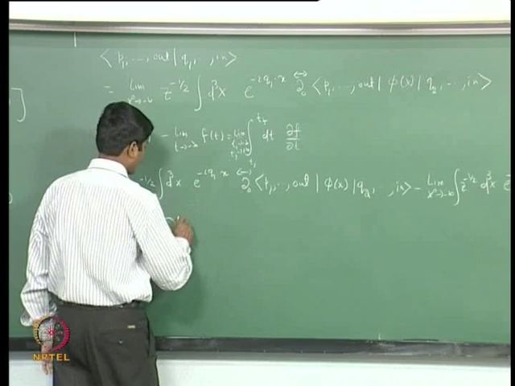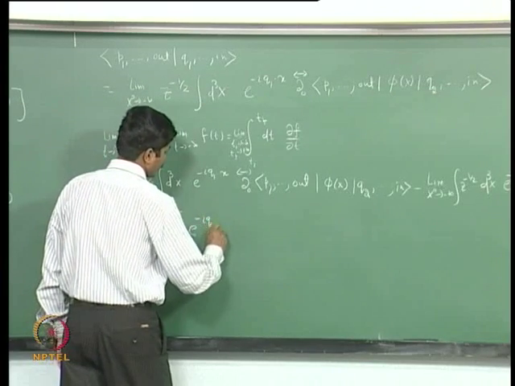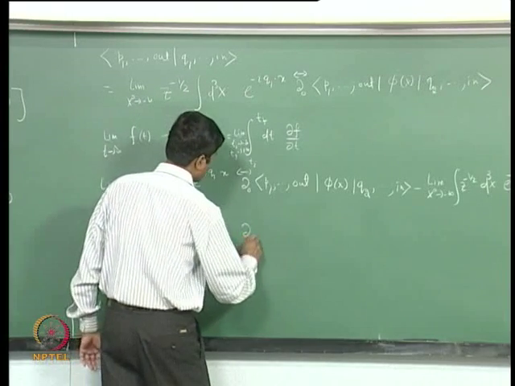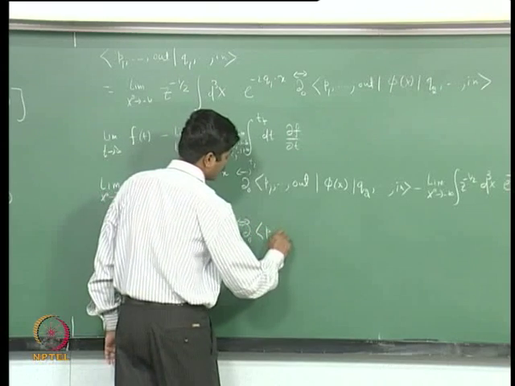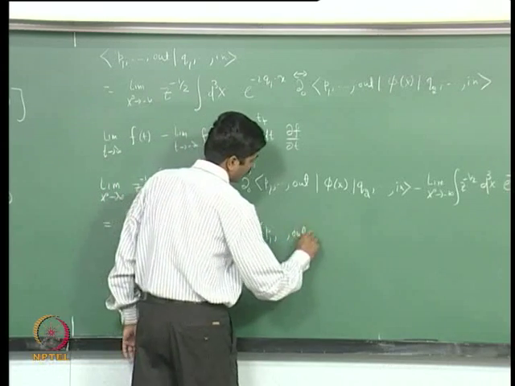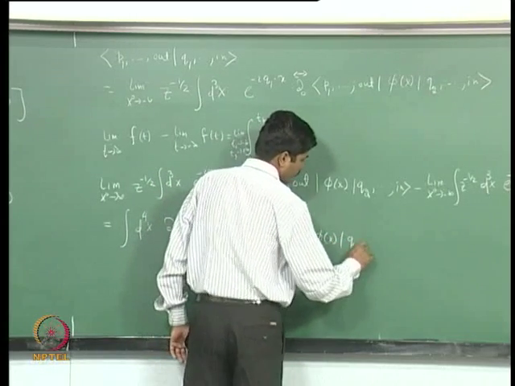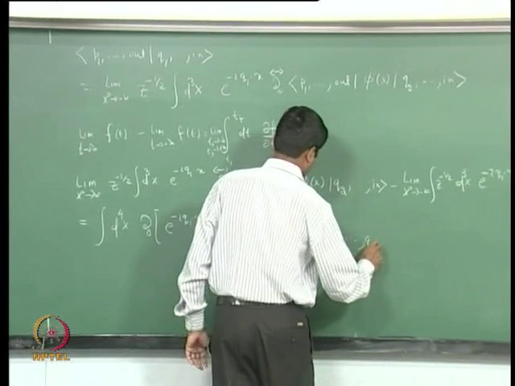So del 0 acting on e to the power minus i q1 dot x del 0 p1 out phi of x q2 ... ql in.